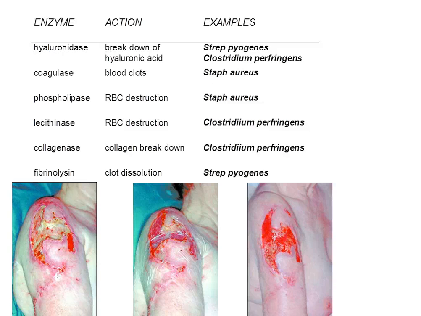Staph aureus causes toxic shock syndrome, impetigo, boils, abscesses, any number of things, wound infections. Strep pyogenes, or what are called group A beta hemolytic strep, cause strep throat.